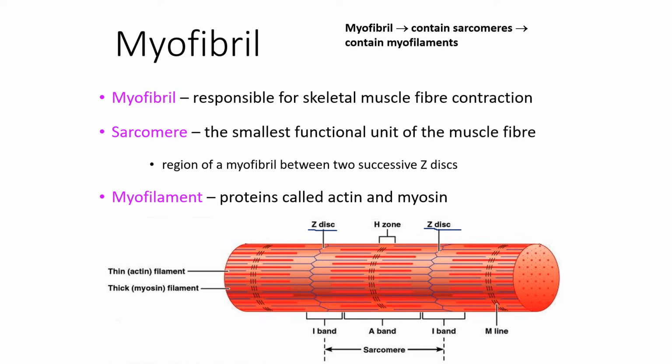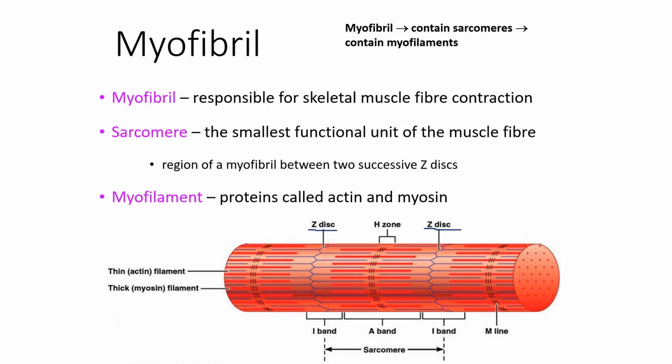These sarcomeres align along the myofibril like boxcars of a train. They contain an A band, so you can see this A band here, with half an I band at each end.